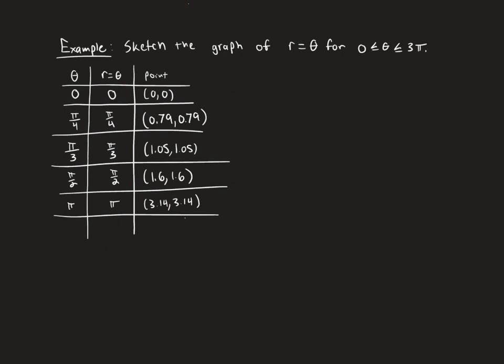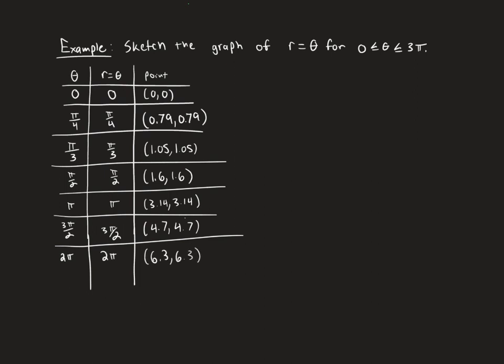And then let's do 3 pi over 2. That's about 4.7. Let's do 2 pi, that's 6.28, so 6.3. Let's see, what's next?